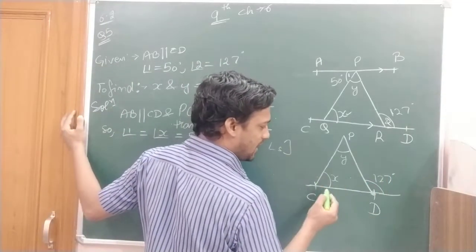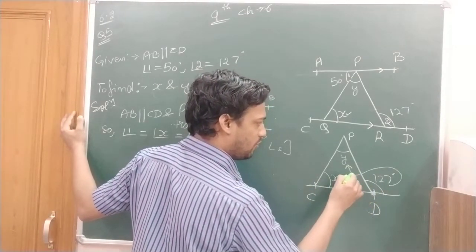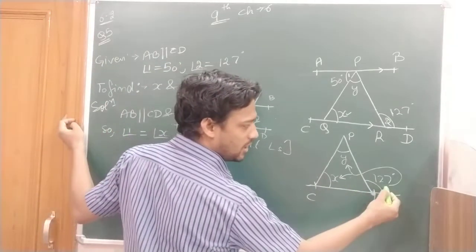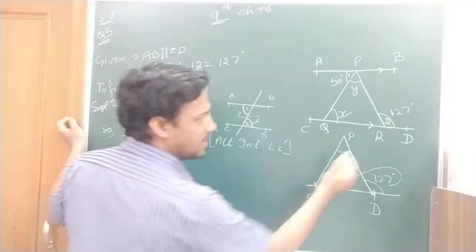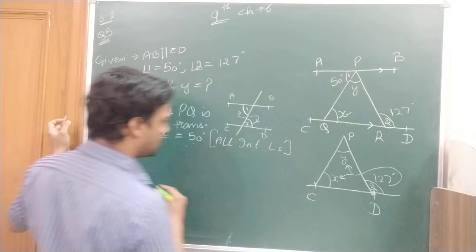Everyone knows the exterior angle property of a triangle, that the exterior angle is always equal to the sum of the two opposite interior angles. So this is angle 2, and angle 2 equals angle y plus x.